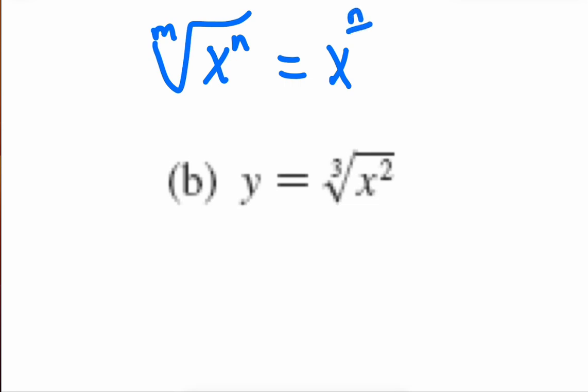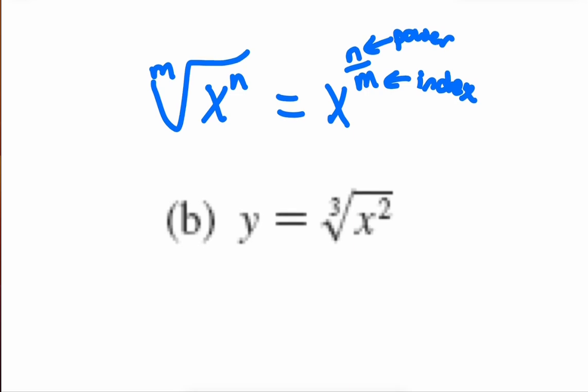The bottom of your fraction is your index. So that's your power and that's your index. Now that's just a rule from algebra that you should know. If you don't know that rule, rethink your algebra skills, but you need to know that rule, okay?